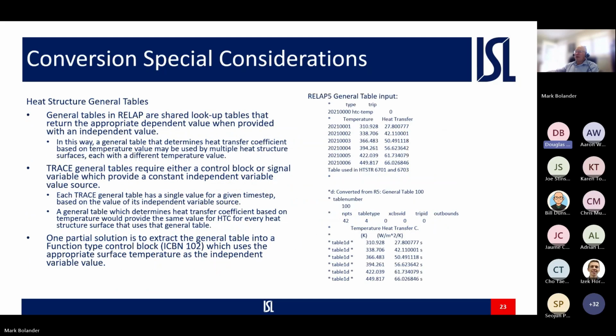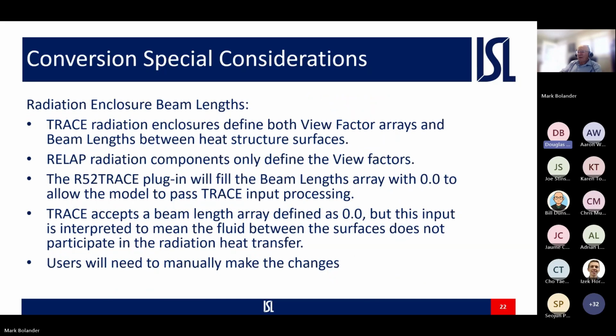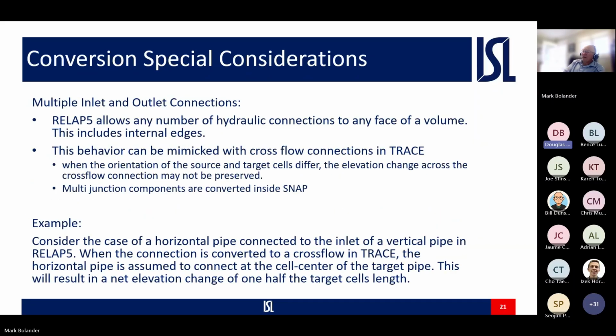Hey, Mark, just to jump in here for a second, going back to multiple junctions, Luis has a question. In cases with multiple junctions, how can it be done if crossflows are not desired?